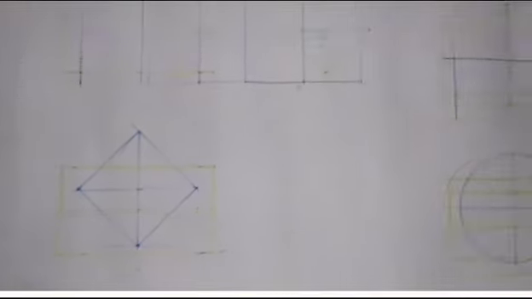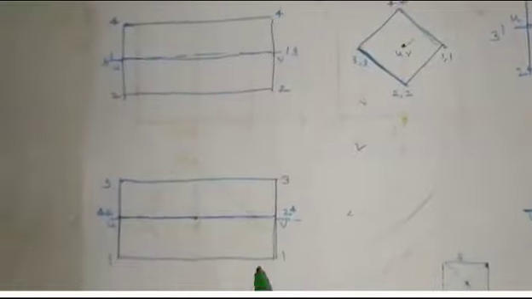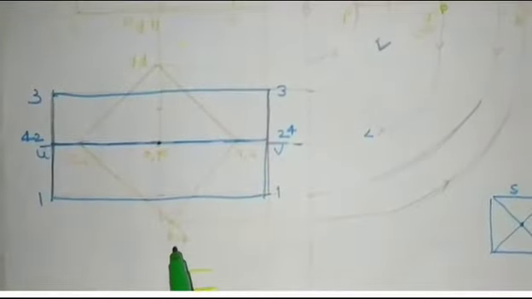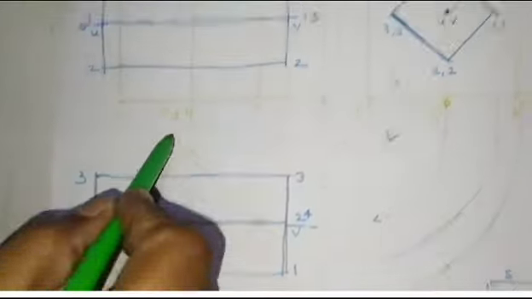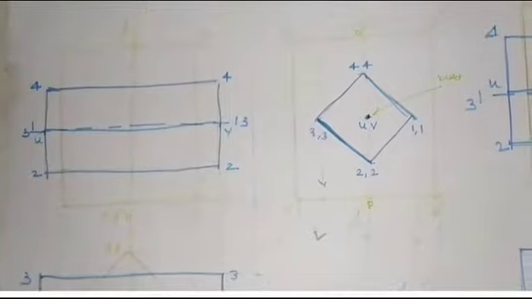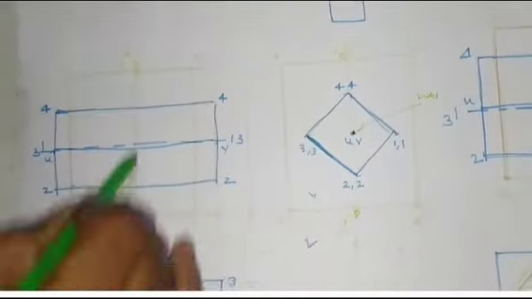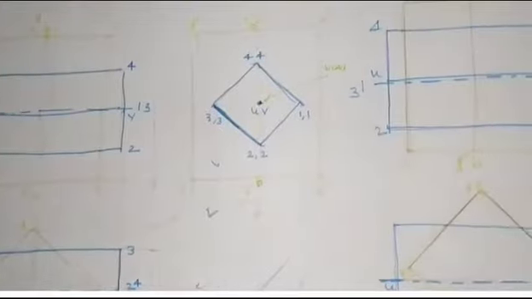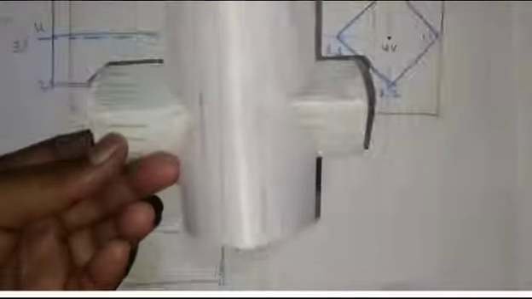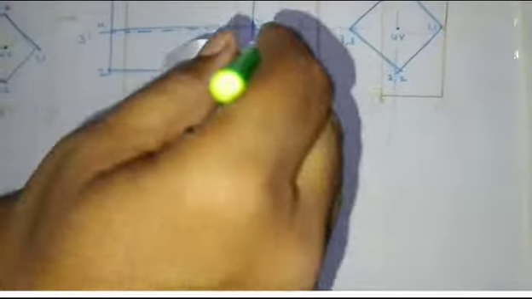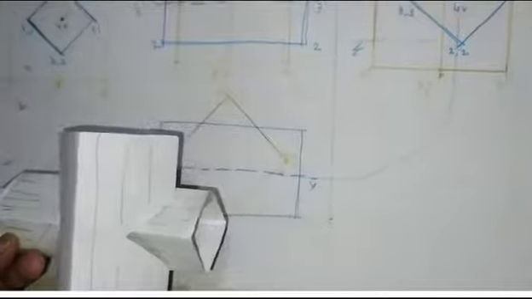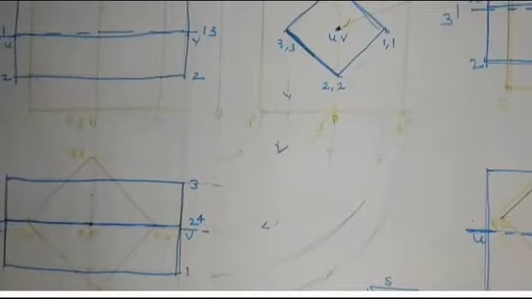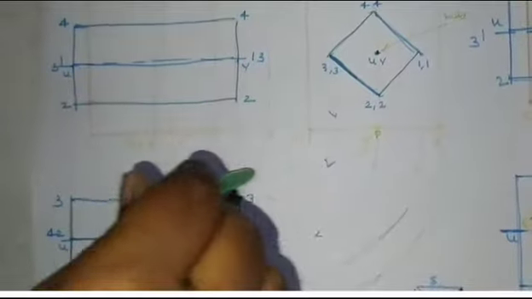Now I will name the points. For the vertical solid, here I have named them A, B, C, D: A on the front side, B on the back side, C, and D on the back side. This is also the axis. Similarly, this is A, B, C, D as well as OP of the vertical solid. In the side view, this is D. This is the point D which I have transferred here.